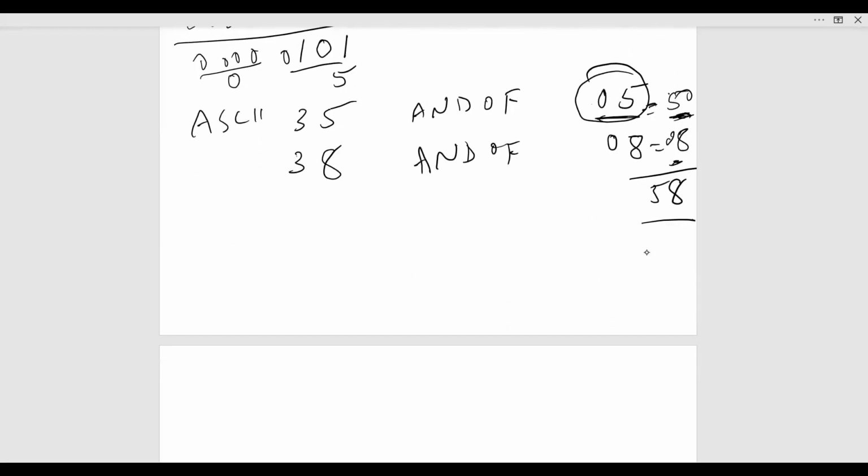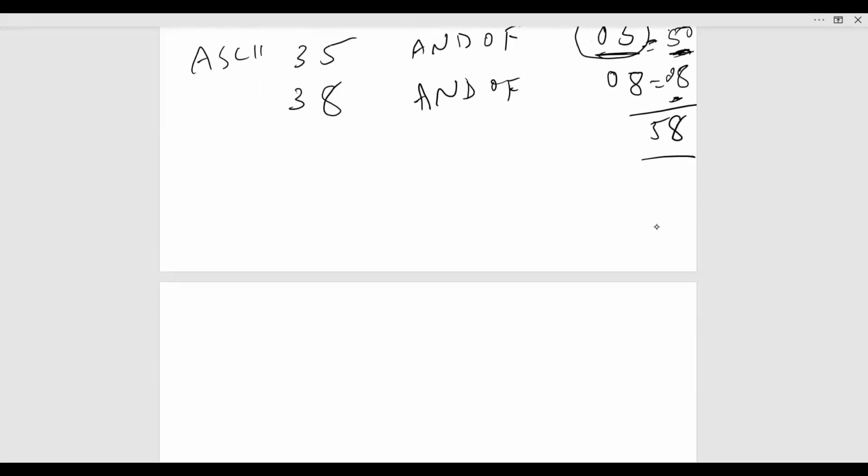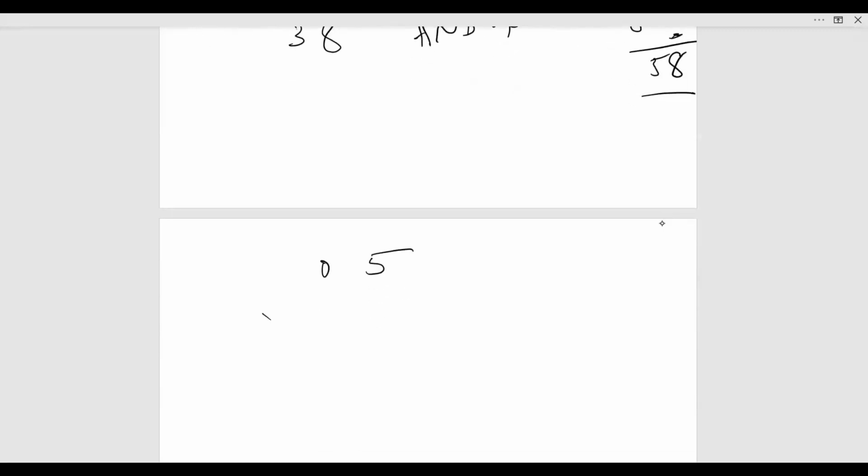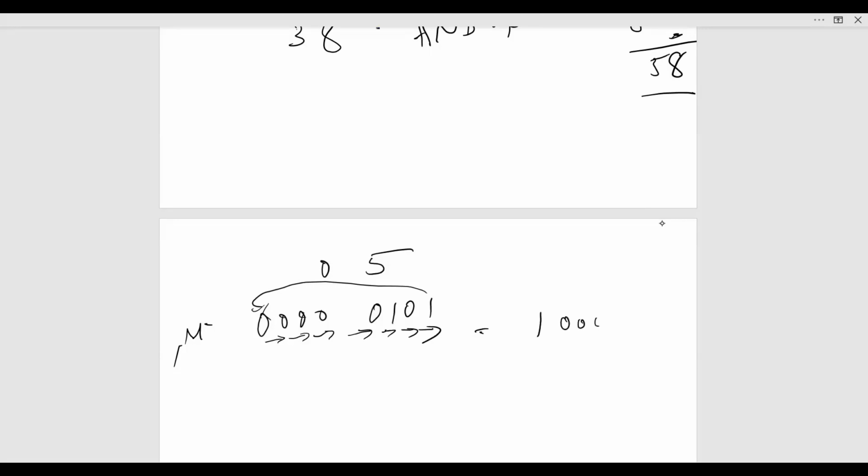Now let us see what happens if we shift 05 four times to the left. The binary equivalent is 0000 0101. First rotate left. We'll get 1 here and all bits shift their position to the left by 1 bit. This will be moving to 0 here.